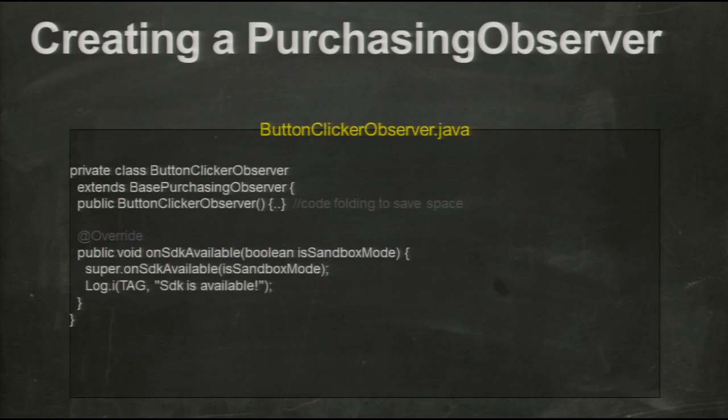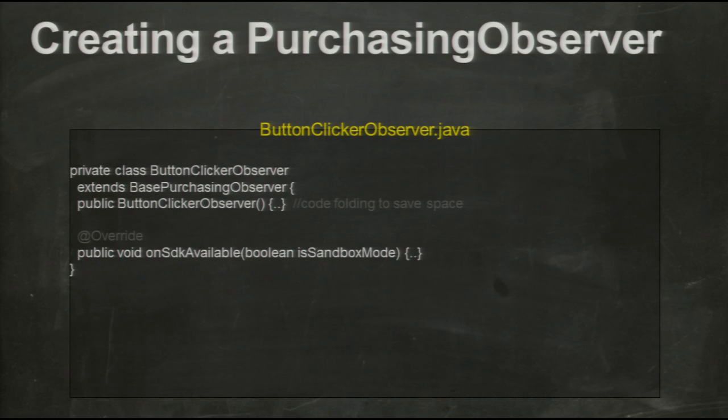Let me go back there. What we're doing here is literally just logging right now. If the SDK is available, we're just going to log to the console that the SDK is available, just so that for developers, as we're building this and debugging, we can see what's going on. I'm just going to fold that down as well, so that we can see a little bit more of what's going on.